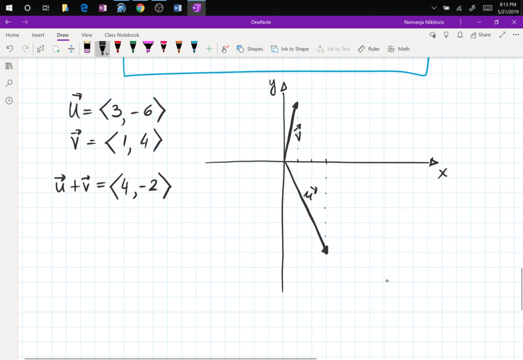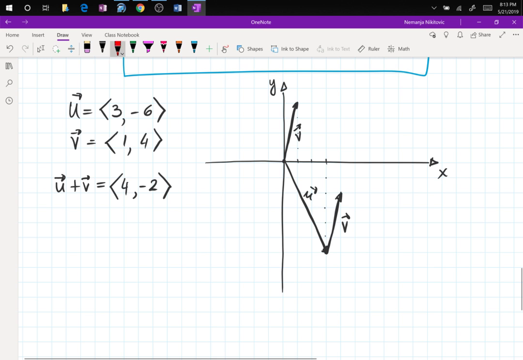Since vectors are free to move in space, I can slide vector v down so that the initial point of vector v collides with the terminal point of vector u, to give me something like this. So this is also vector v.